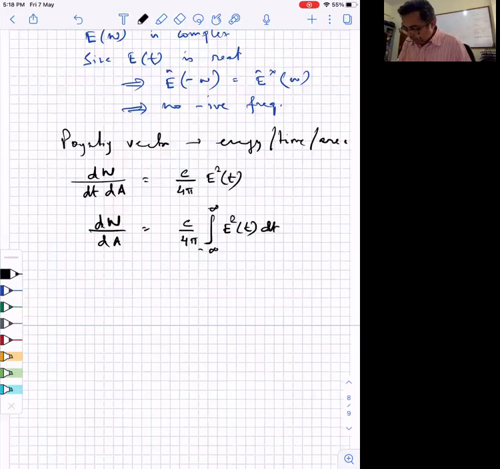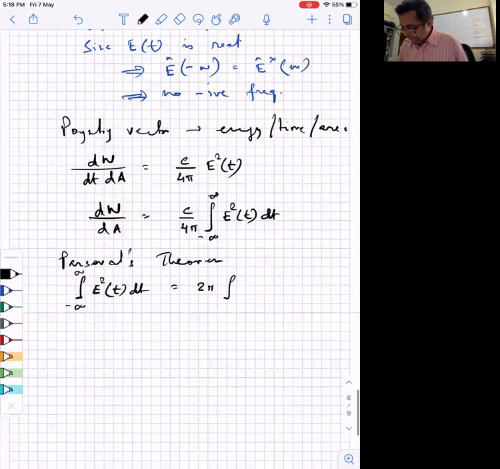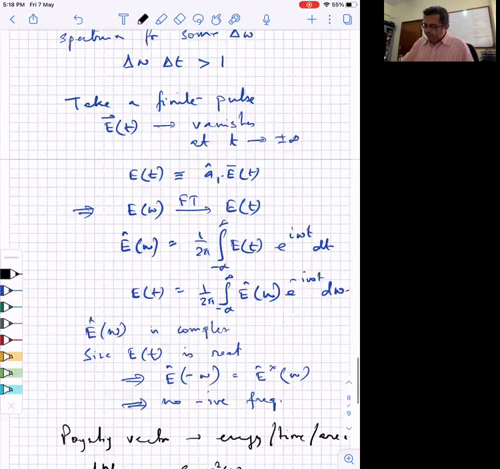So this integral from minus infinity to infinity, I can write down as, this basically came from the way these two Fourier transforms were defined.